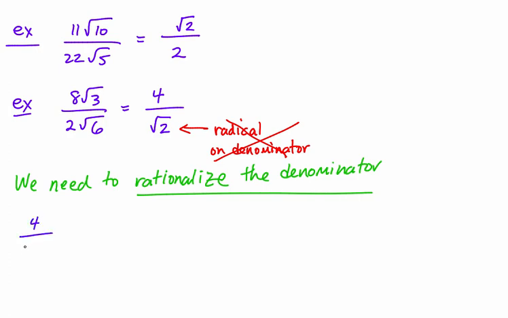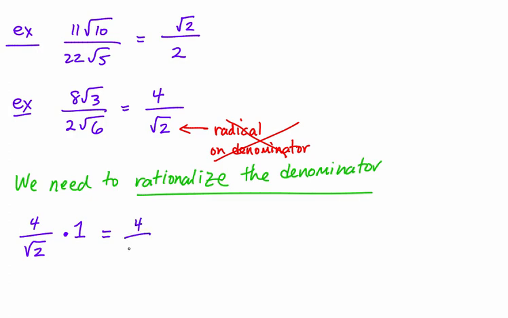If I have this 4 over the square root of 2, what can I do so that I rationalize the denominator? And the answer is actually fairly simple. It's tricky, but it's fairly simple. You want to multiply this by 1. And anytime you multiply any number by 1, you get the same number. But it's a bit of a misleading statement to say I'm multiplying it by 1. I'm really multiplying it by a special form of 1.